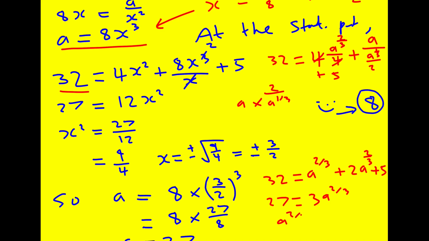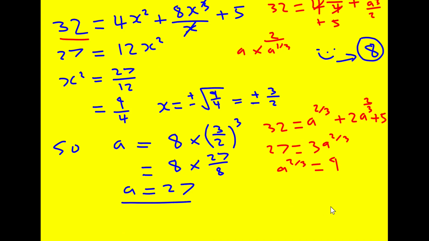A to the 2/3 equals 9, and now I've got fractional indices that I can solve, because this is going to be a squared cube rooted equals 9.